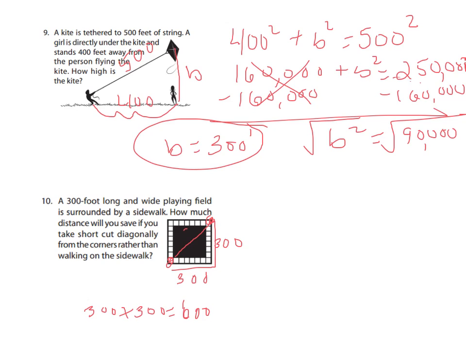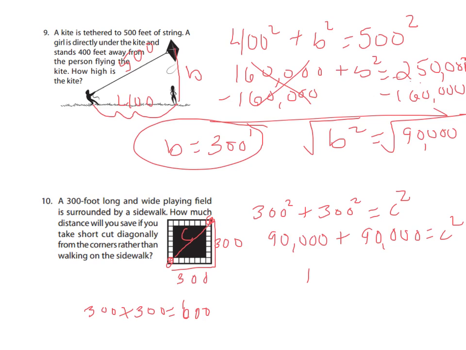So now if I want to solve for the diagonal shortcut, I'm going to make that c, because that's the hypotenuse. So now I'm going to say 300 squared plus 300 squared equals c squared. Well, 300 squared is pretty big. It's 90,000. So now I have 90,000 plus 90,000 equals c squared.